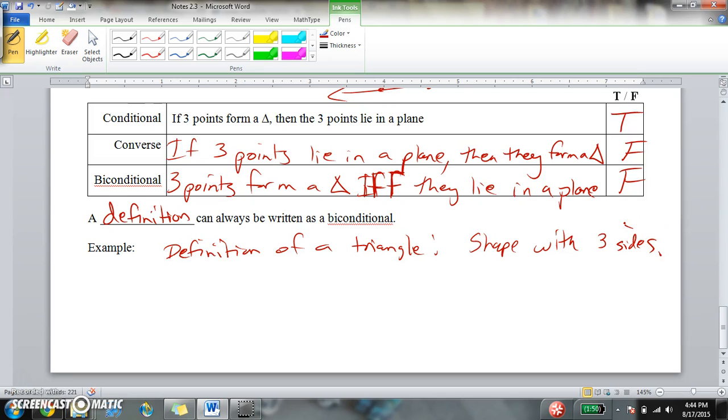Simple definition of a triangle. So we can write that as a biconditional. We can write a shape is a triangle if and only if it has 3 sides. Or like I said, you could also write it the other way. A shape has 3 sides if and only if it is a triangle.